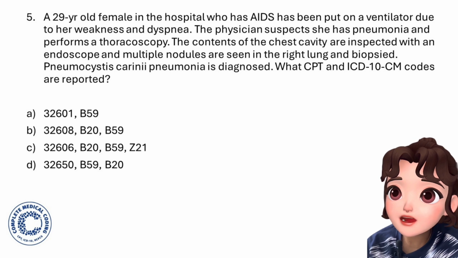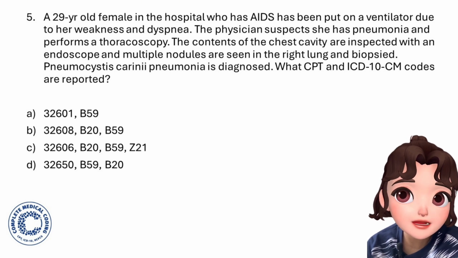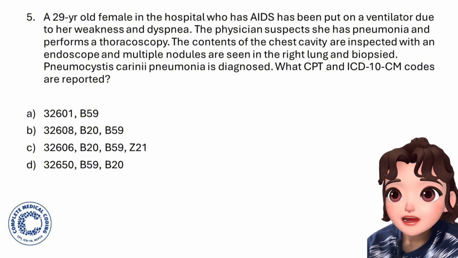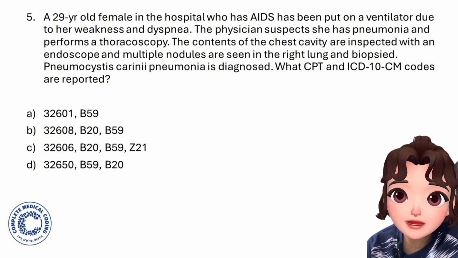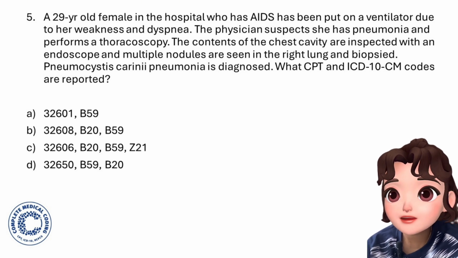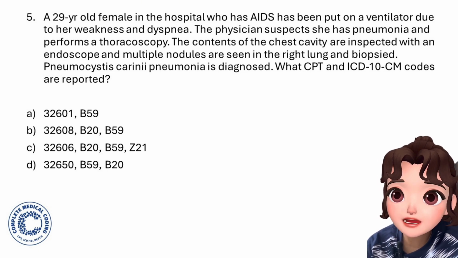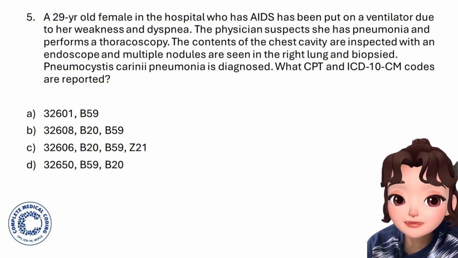Here the patient already has AIDS, clearly mentioned, so this is not asymptomatic. You can skip option C. You should have the ICD code B20 in your answer because it is an HIV patient. So you can skip option A also since there is no B20 there. So we have two options remaining, option B and D.